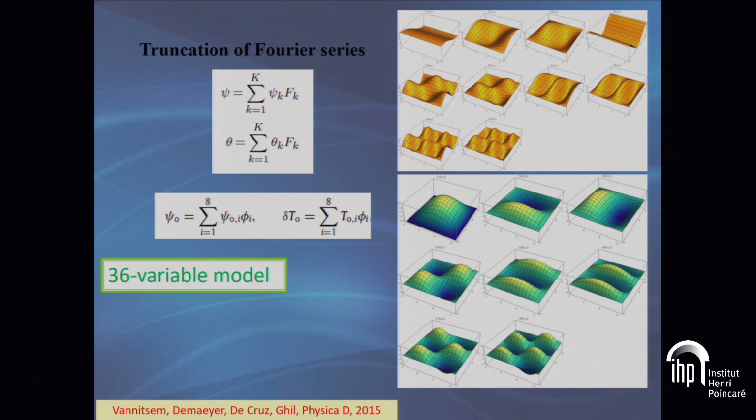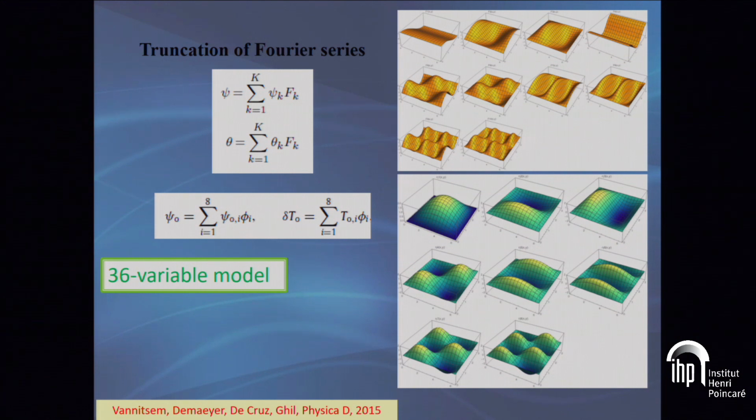We developed that in Fourier series, with Fourier modes that respect the boundary conditions. We choose to use 10 modes for the atmosphere, and since we do not have the same boundary conditions, different modes for the ocean. These are the 8 modes we are using.